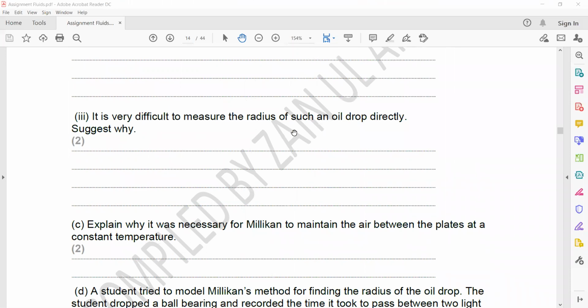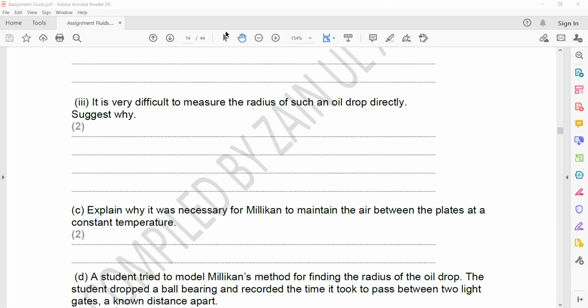It is very difficult to measure the radius of such an oil drop directly. Suggest why. Because oil drops are not rigid, like you don't have a metal sphere, it's an oil drop. Their shape changes. If the sideways force is more, then it will become elliptical.